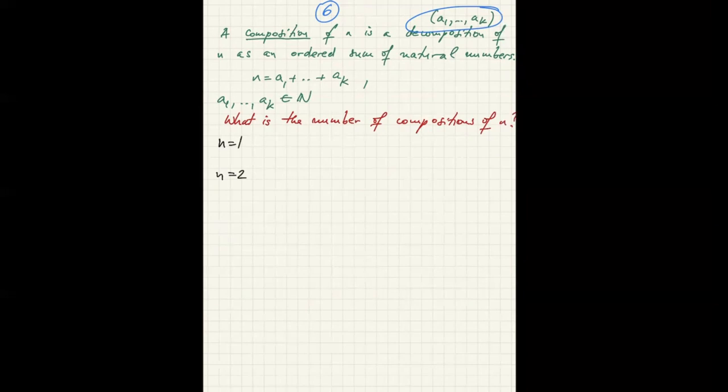So if I give you a natural number, what's the number of compositions of it? When n equals 1, we just have 1 equals 1. So the answer is 1.